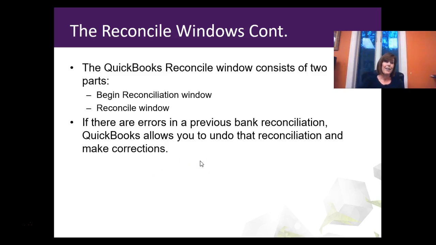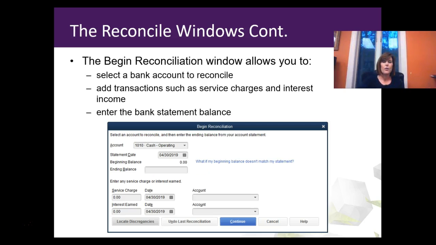QuickBooks also lets you go back and undo a previous reconciliation if you find that there were mistakes. And again, I'm going to go through all this on the live version, so we'll just skim through these. But when you start the reconciliation, it will open up with this window. You're going to want to have your bank statement handy.